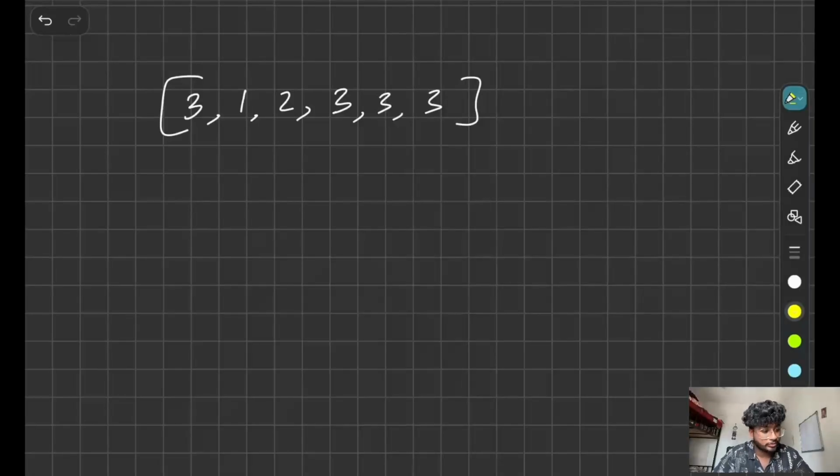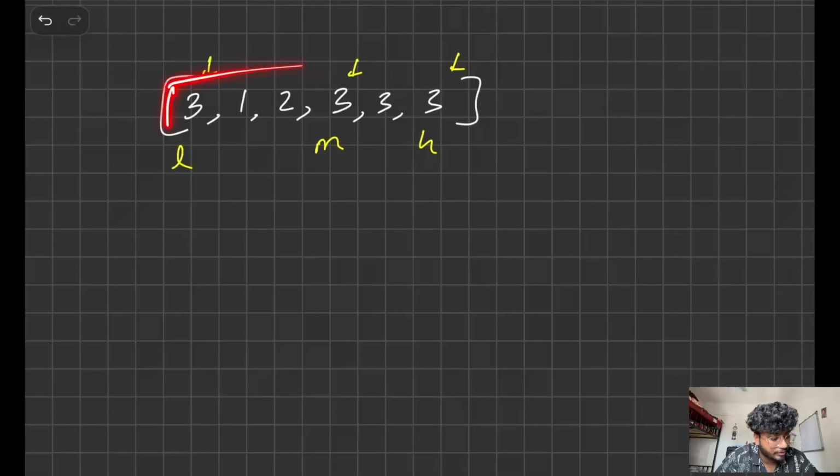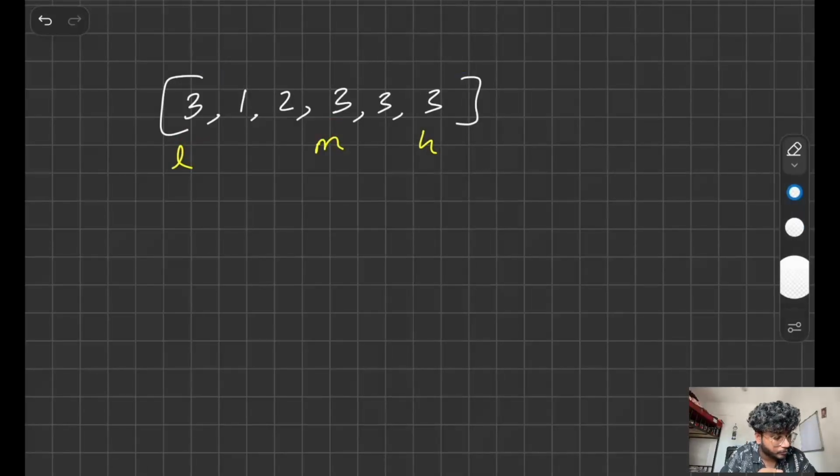The similar example is here. Say my low is this, my high is this, and my mid is this. Can I just look at my low and mid to judge whether this half is sorted or not?